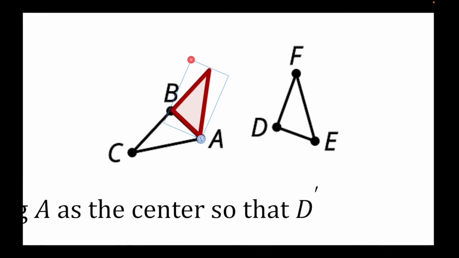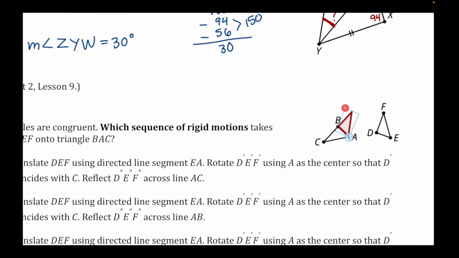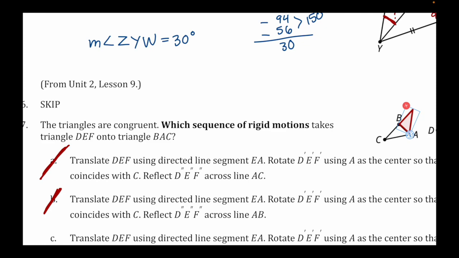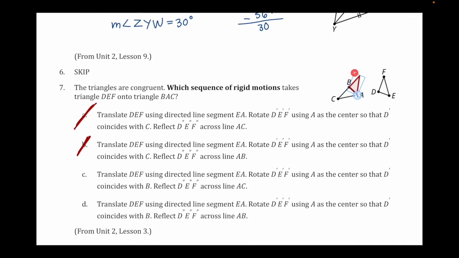And you would have it like this, and then reflect across. That seems much better because then F would be taken onto C. So D, E, and F would match up with B, A, and C respectively.